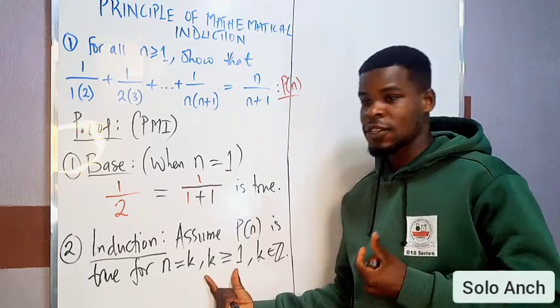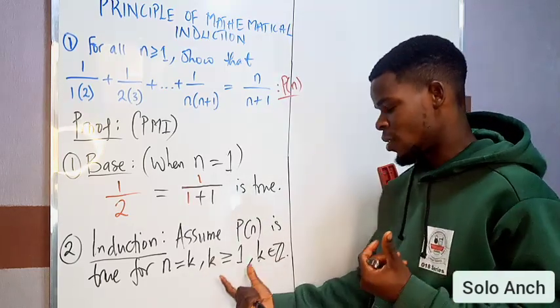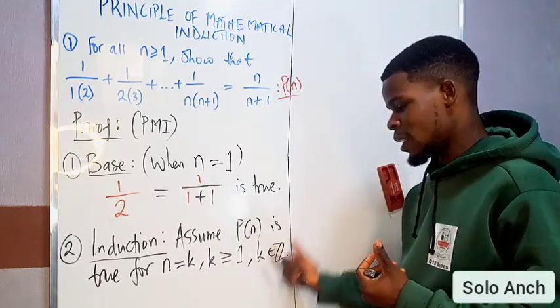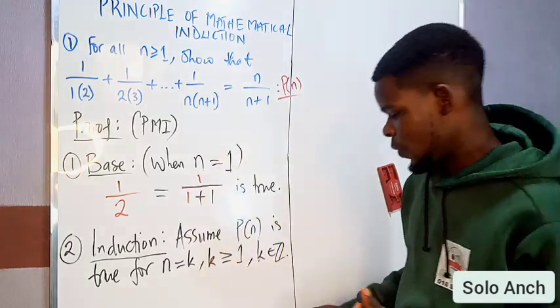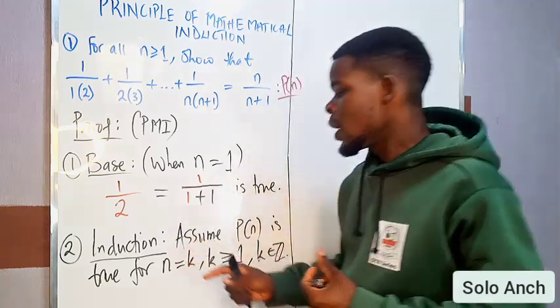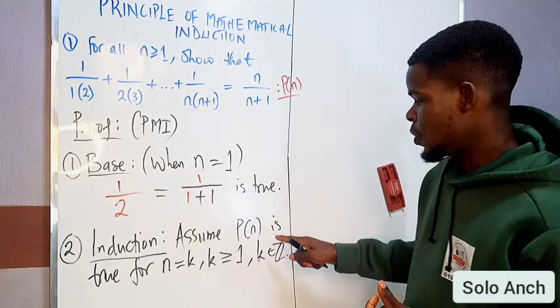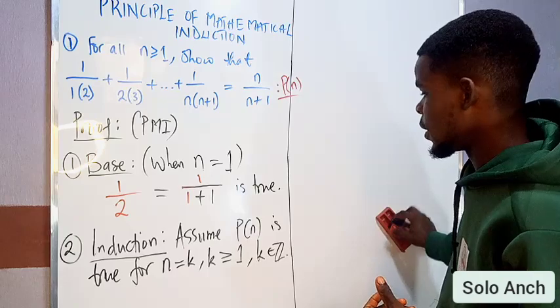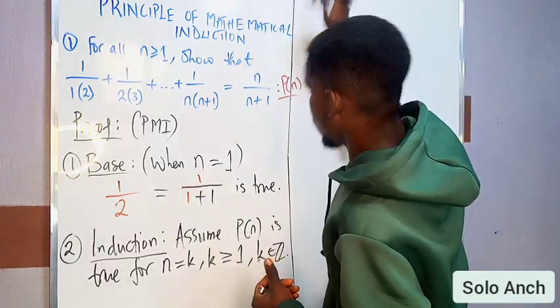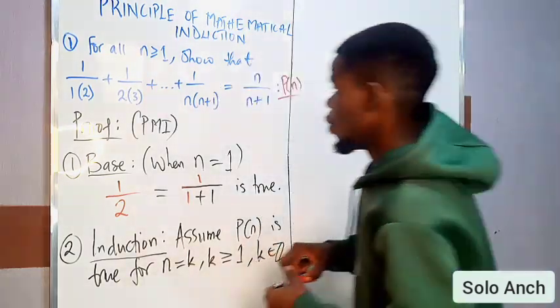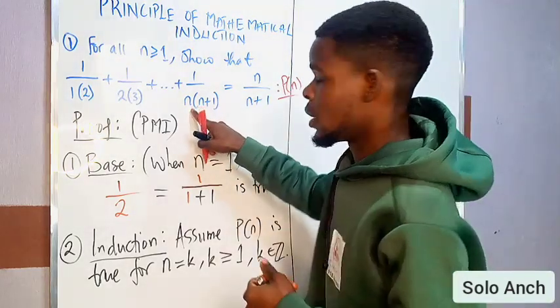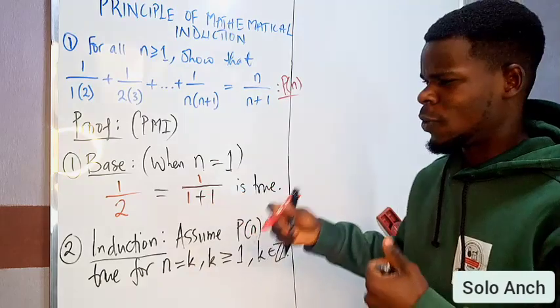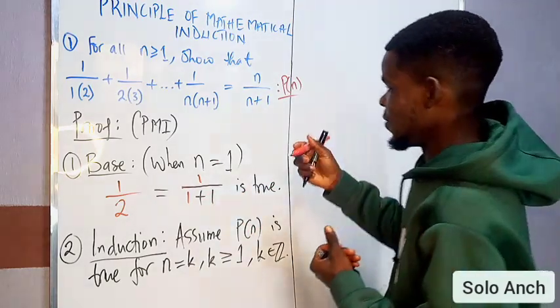And in this case, k is also positive, that is greater than or equal to 1, and it's an integer, a whole number, of course, but that's the same thing we said for the n. So what does that mean for this statement to be true for that? That means that when we want to add the number of terms, there are going to be k of them. So we will not get up to n. Of course, these are just arbitrary, so it doesn't really matter.